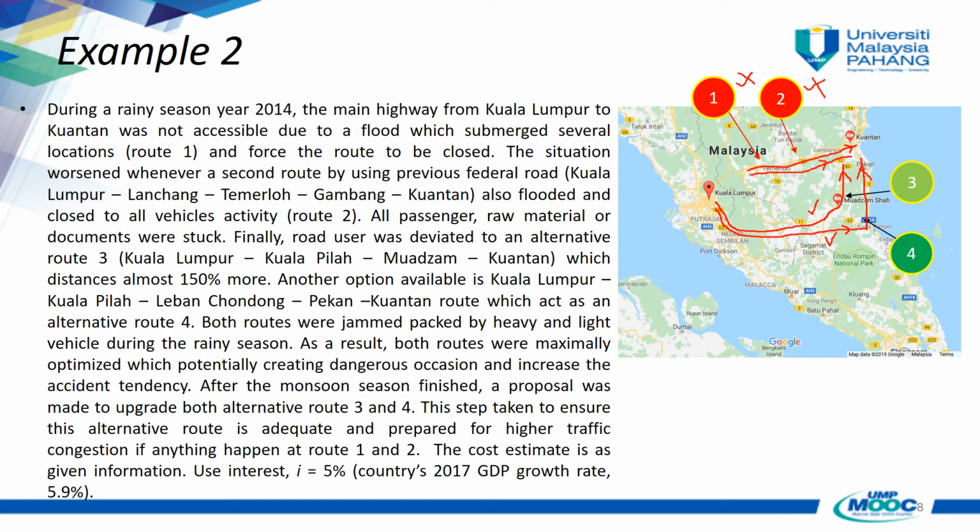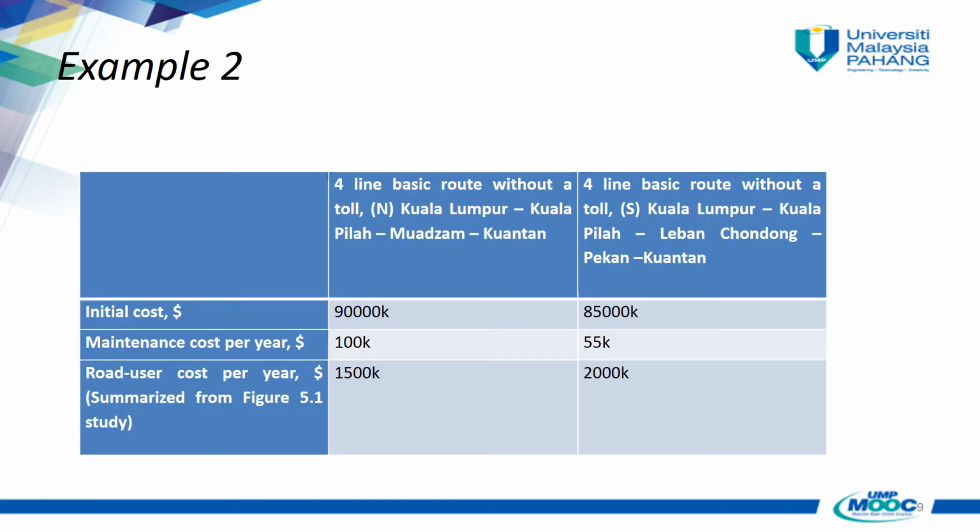Okay, let's see the solution. If the government makes a decision to develop a 4-lane basic route without toll from Kuala Lumpur to Kuala Pilah to Muazzam and Kuantan, the initial cost will become 90,000 K, and every year 100,000 K will be used as maintenance costs.